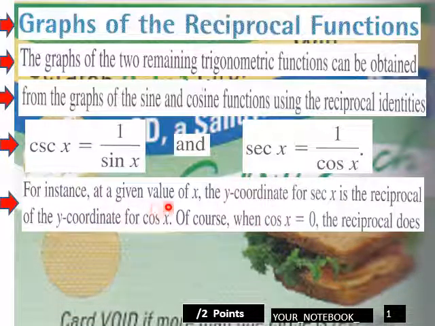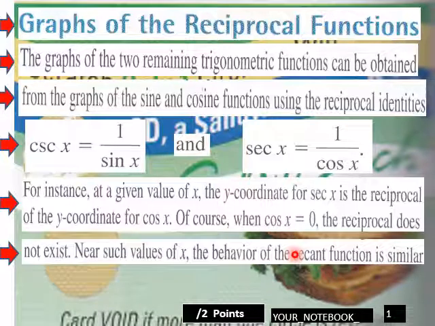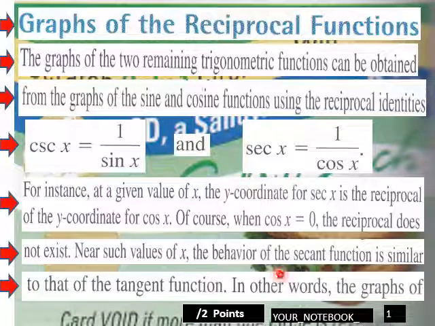For instance, at a given value of x, the y-coordinate for secant x is the reciprocal of the y-coordinate for cosine x. Of course, when cosine x equals 0, the reciprocal does not exist. Near such values of x, the behavior of the secant function is similar to that of the tangent function.